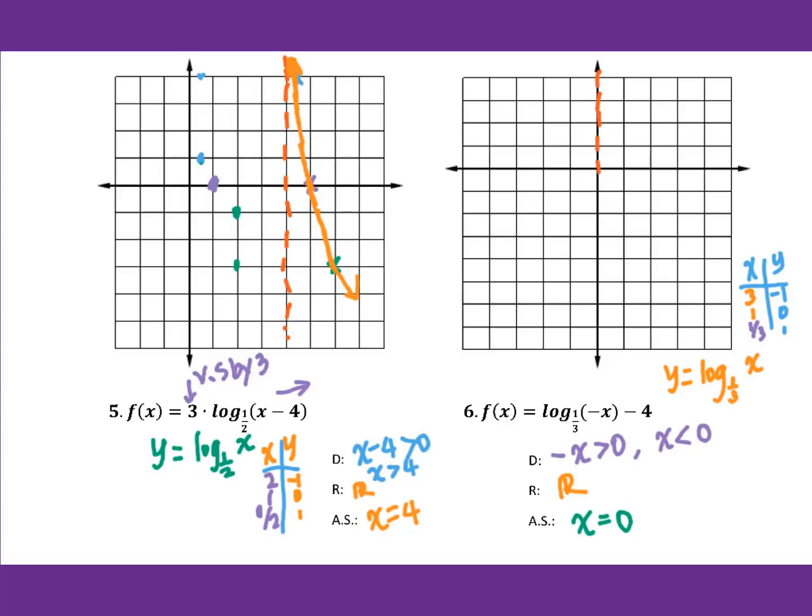X equals to 0. 3, negative 1. Go here. 1, 0. Go here. 1/3, 1. We go here. That's your parent function. Then we go to do transformation.